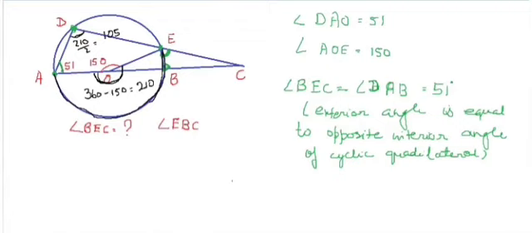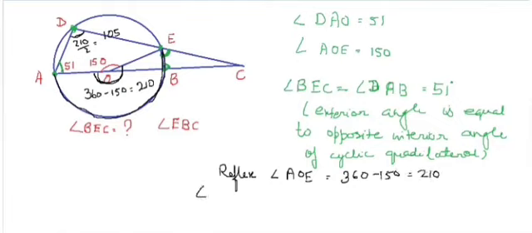So from here I can write reflex of angle AOE is 360 minus 150, that is 210. So angle ADE will be 210 upon 2, that is 105, because angle at the circle is half of angle at the center.